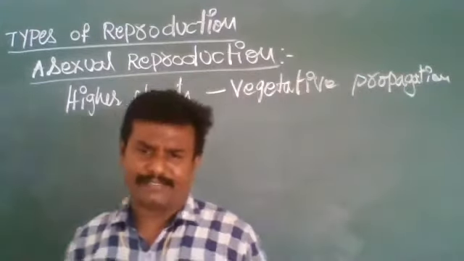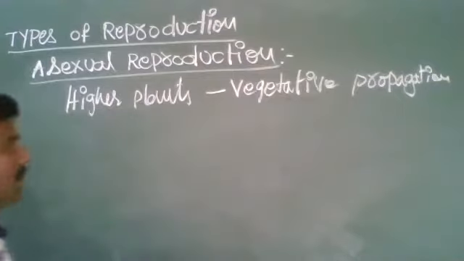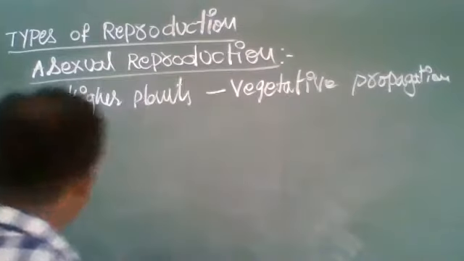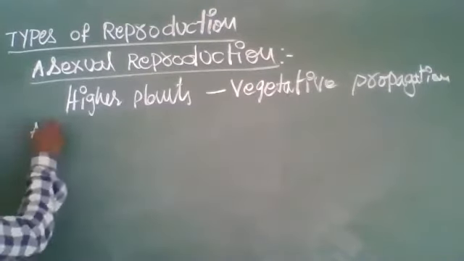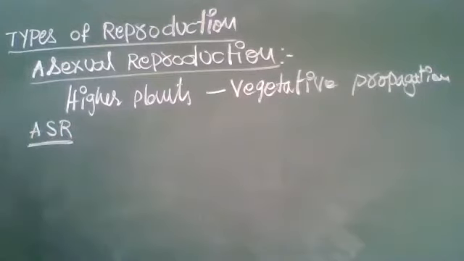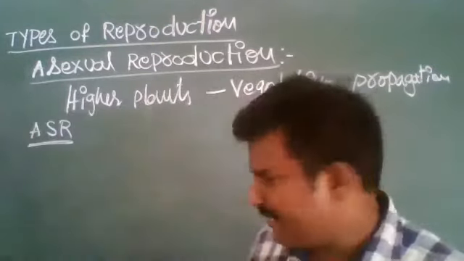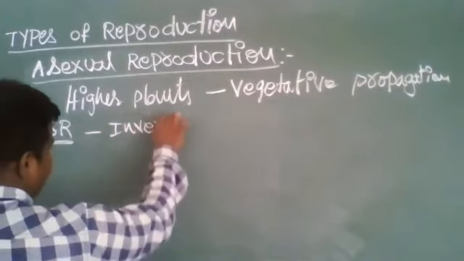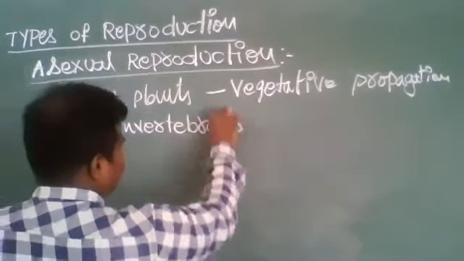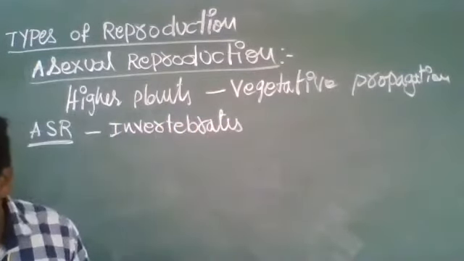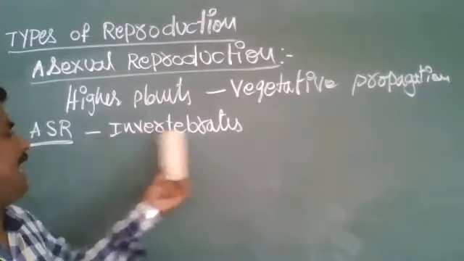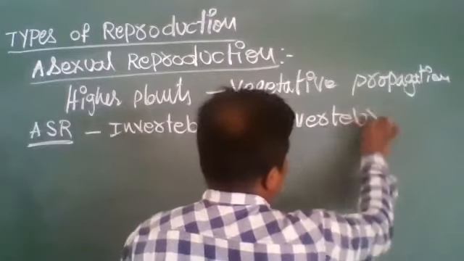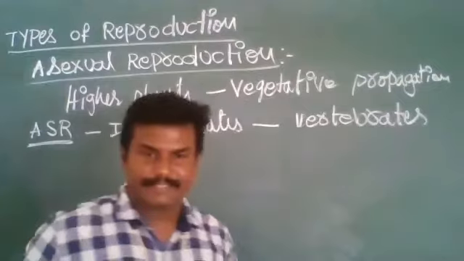Next, asexual reproduction is absent in higher invertebrates and all vertebrates.